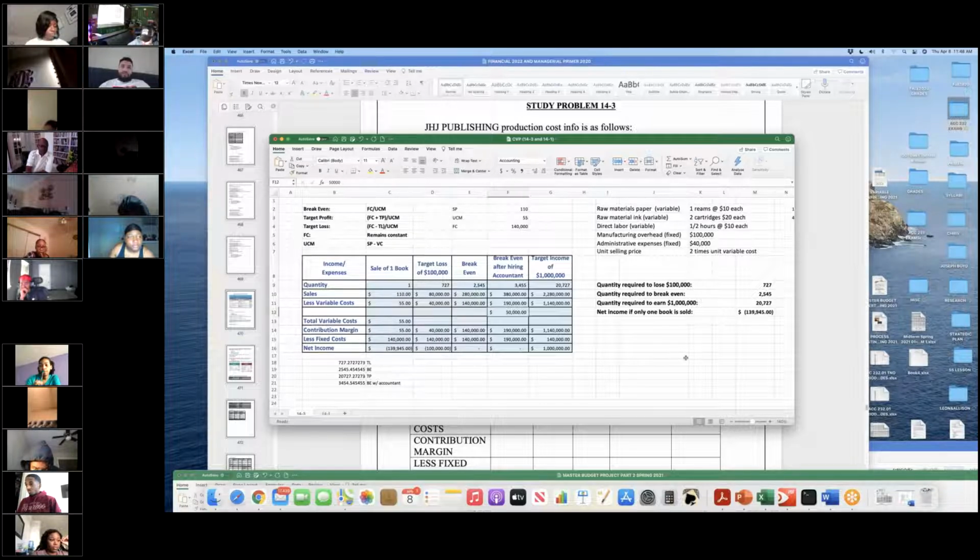So let's talk about what happens. A lot of times a company will say, we're going to reduce the price to get people to buy. Everybody see this example? Suppose the company drops the selling price to $90.